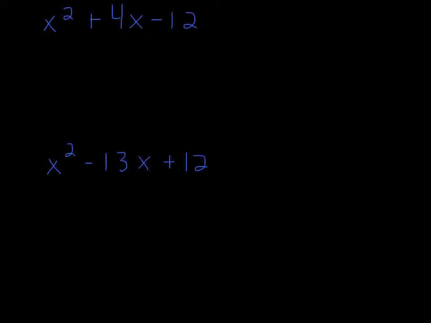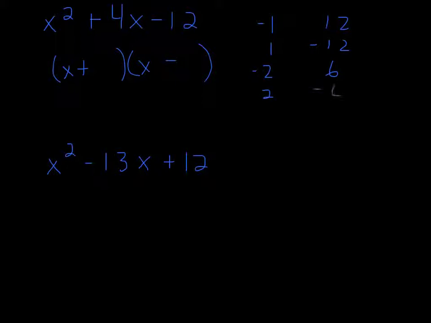Okay, so let's take a look at the try-these. The first one. We know the first terms are going to be x, and we know that when we multiply it's going to be negative, so we've got a positive and a negative. Factors of 12: we have 1 and 12, so negative 1, positive 12, 1 and negative 12. Negative 2, positive 6, 2, negative 6.